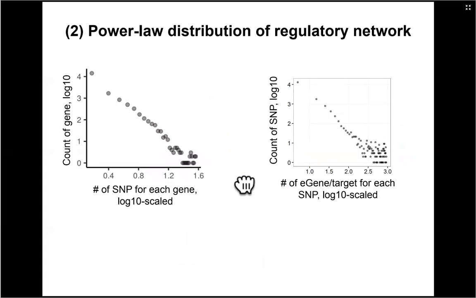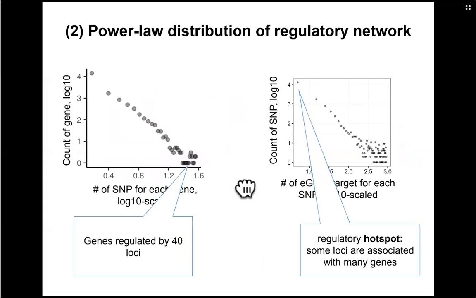Power law is a typical feature of networks. The eQTL map is in fact a network between SNPs and genes. So if we check the distribution of the targets, we can observe that some SNPs regulate a lot of genes, and some genes are regulated by a lot of loci.